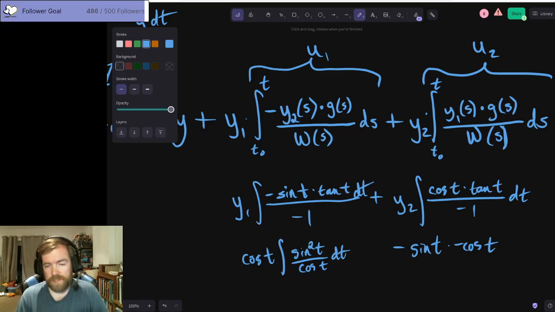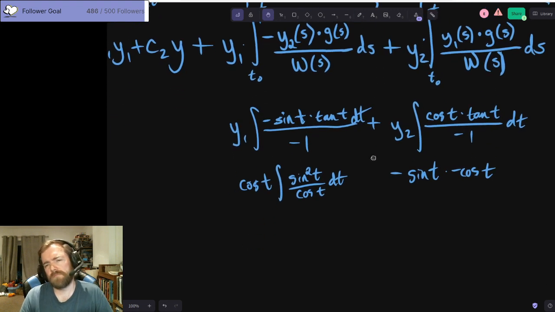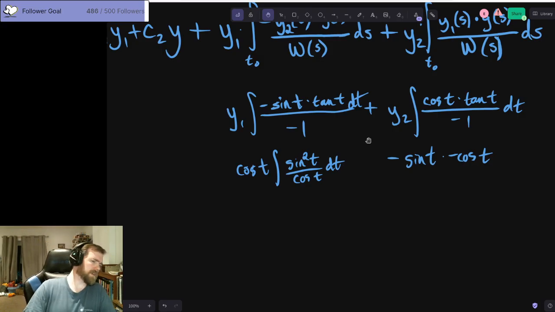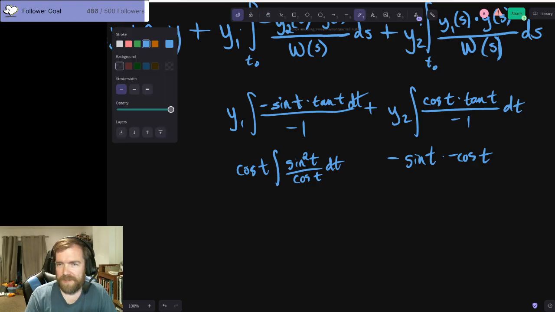Alright, and that's actually a secant tangent. Hang on, I screwed something up. Oh no, it isn't. Never mind. It's a sine tangent. So those are not particularly compatible. So we make that 1 minus cosine squared of t up top.